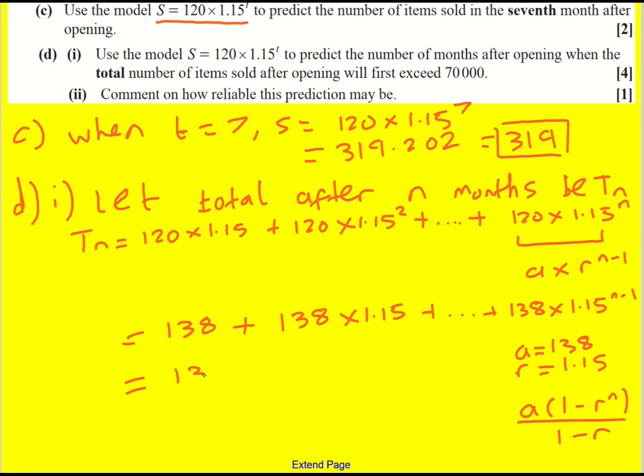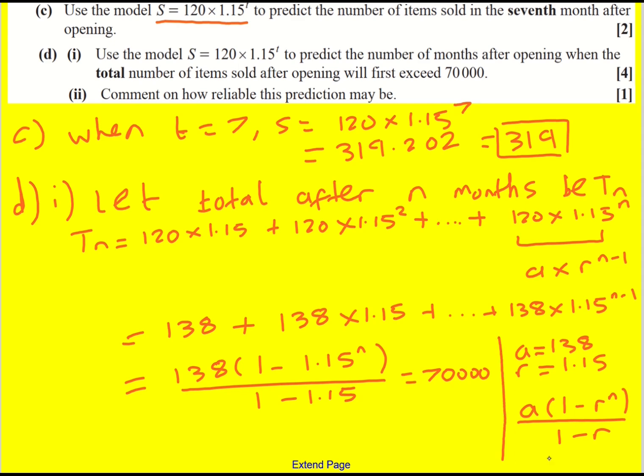So it will be 138 times 1 minus 1.15 to the n all over 1 minus 1.15. And I want to know when it will exceed 70,000. So rather than creating an inequality, I'm just going to set it equal to 70,000, find the value of n when it's exactly 70,000, then we'll go with the integer after that.